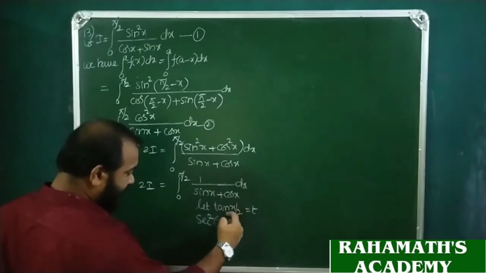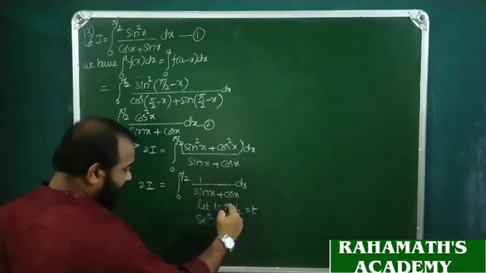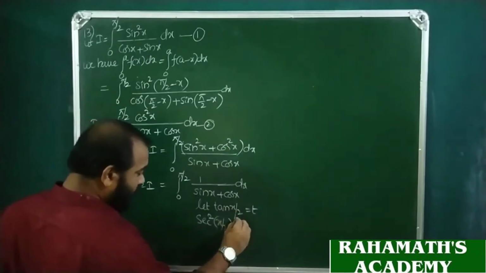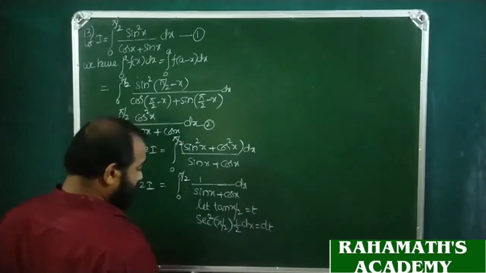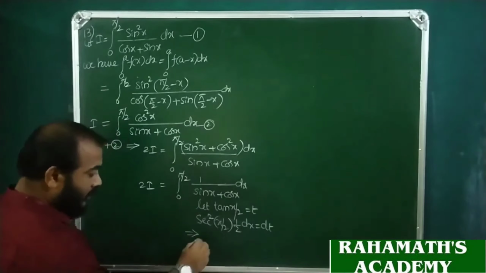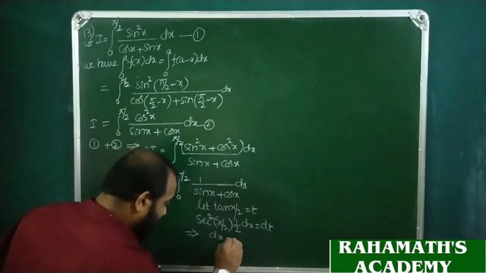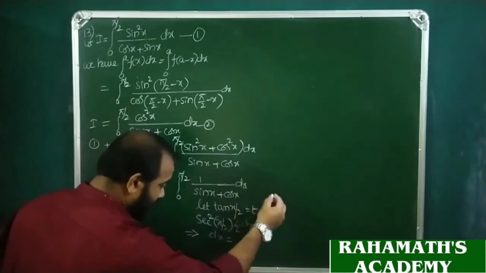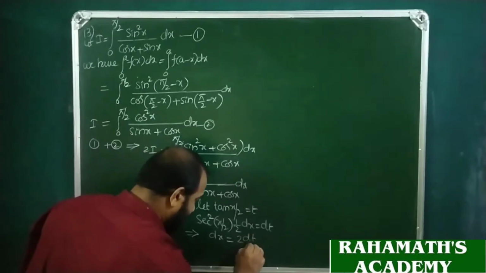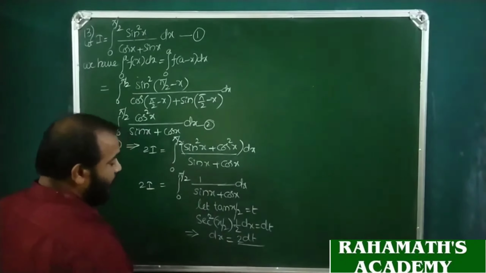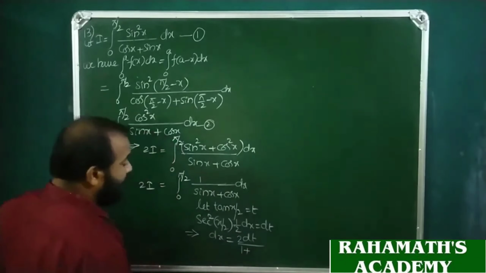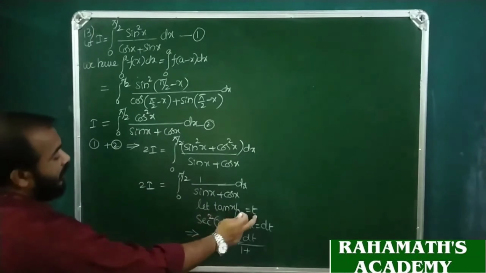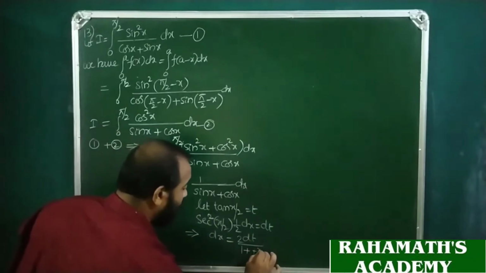Since x by 2 is treated as x, that is why it has become tan x with derivative secant square x; we need to differentiate the x by 2 later. The derivative of tan x by 2 is 1 by 2 secant square x by 2, so dx equals dt. That implies dx equals 2 dt by secant square x by 2. What is secant square x by 2? 1 plus tan square x by 2, which is 1 plus t square.